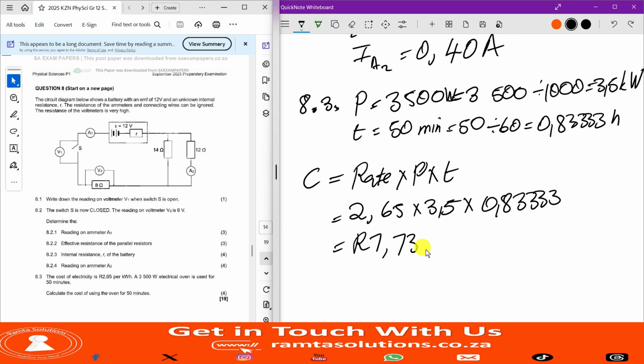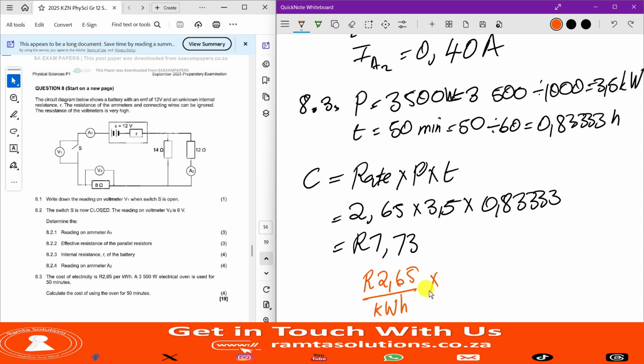I want to explain something here. What I have done here, if you're wondering, we have 2 rands 65 cents per kilowatt hour. So per would be in the denominator. Do you see this? Then I multiplied by 3.5 kilowatt. Once again, multiplied by 0.83333 hours.